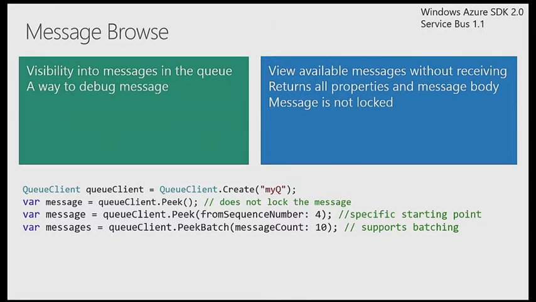I did not mention, but those using Service Bus are familiar with the dead letter queue. So a dead letter queue basically is, for each queue there is a dead letter queue used for expired messages, those messages which have time to live and no one processed them in time, or those messages where actually the client threw them back because they could not process them, the poison messages. And it's a great developer or monitoring or debugging tool, troubleshooting tool for your application to use the message browse.